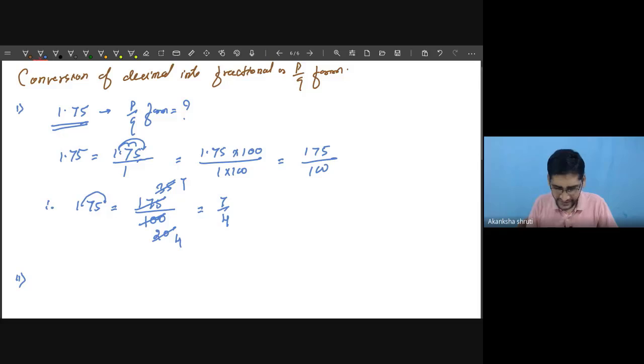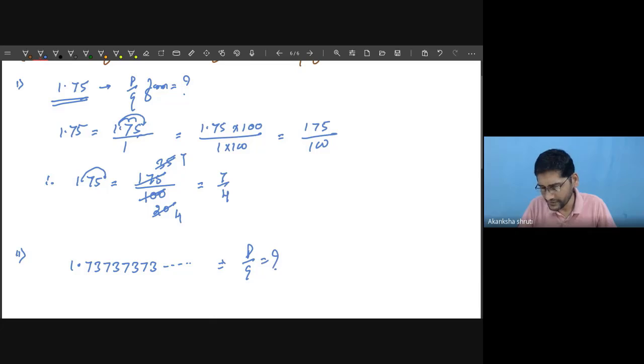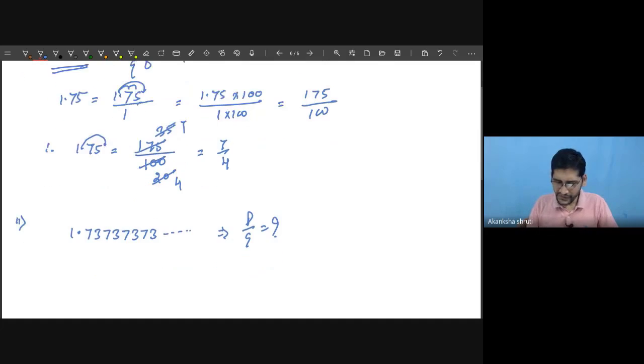The second one is, it may be asked, convert this, say, 1.73737373 going on into fraction. This into P by Q form, what is there? Getting it, student?